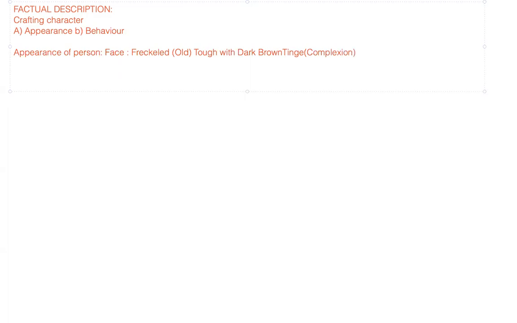Then we can talk about soft. If you talk about baby skin, it is soft, or chubby, or the skin really looks crystal clear. So we are talking about skin in this case.